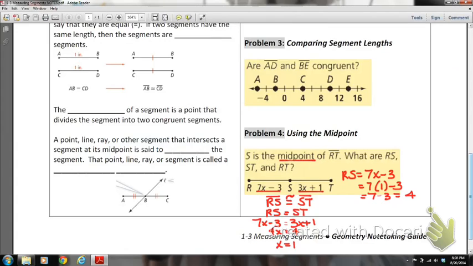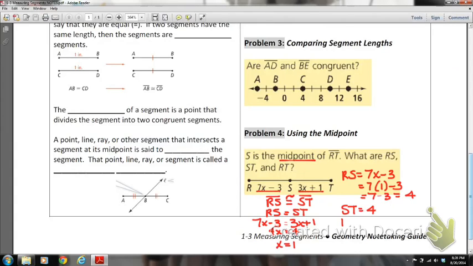Then we can substitute the x into the 3x plus 1 to find the length of segment ST. But since we know that this is a midpoint and it divides it into two congruent segments of equal length, we could go ahead and take that value and say that ST is equal to 4. Wouldn't be a bad idea to check yourself and plug in the 1 to see that 3 times 1 plus 1 is 3 plus 1, which is 4.